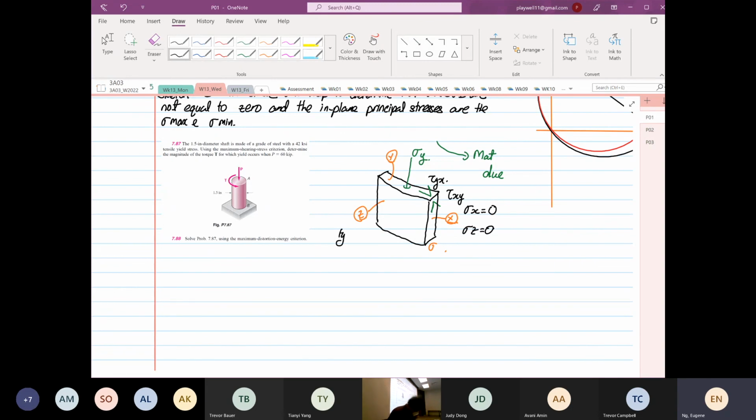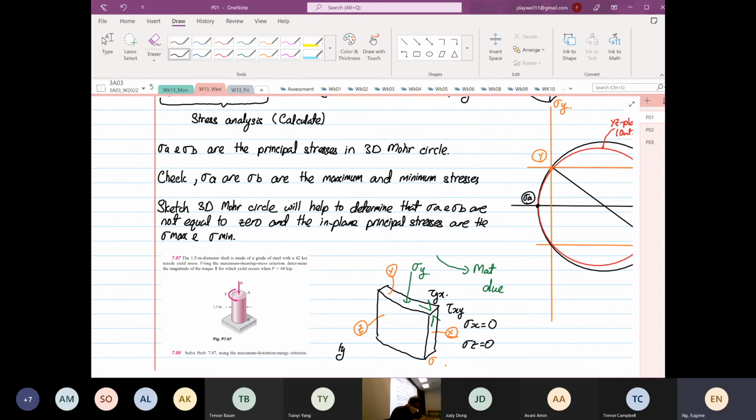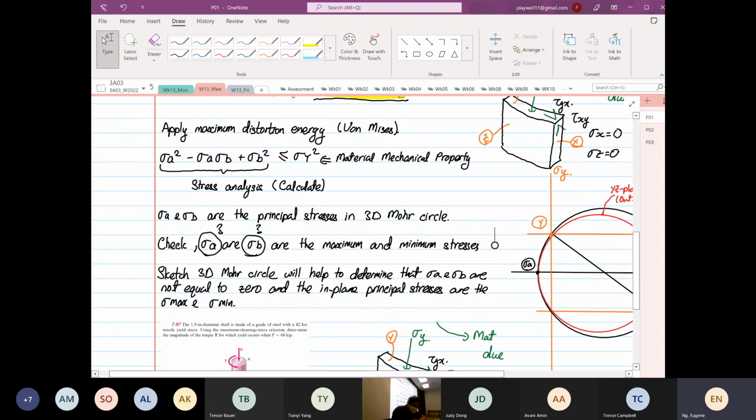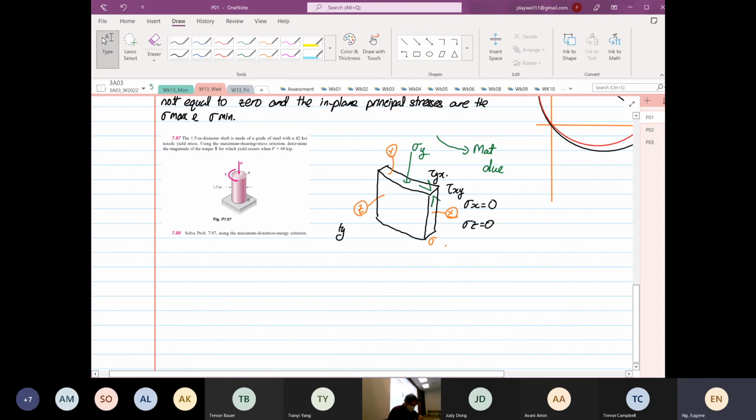Axial loading. Okay? This is just due to axial loading. Okay, before I construct stress Y, things like that. So what we are trying to determine now is stress A and stress B. Then later on, by knowing our stress A and stress B, we can equate this to our material yield stress to determine the diameter of the shaft. Okay, that's the objective. So first, we want to find stress Y.